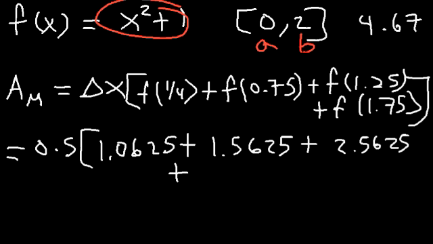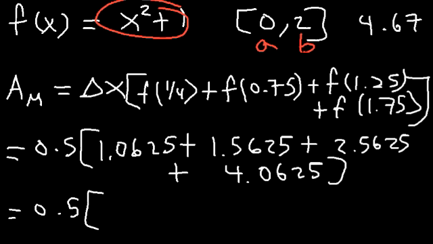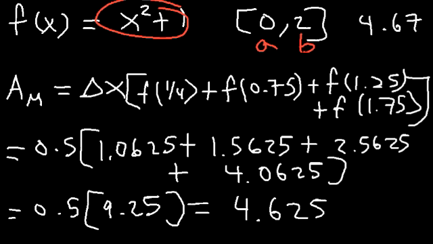And the last one, 1.75 squared plus 1, that's 4.0625. So let's add everything inside the brackets. So 1.0625 plus 1.5625 plus 2.5625 plus 4.0625. This is about 9.25 if my math is correct. And half of 9.25 is about 4.625. So as we can see, using the midpoint rule, we're going to get the most accurate answer.